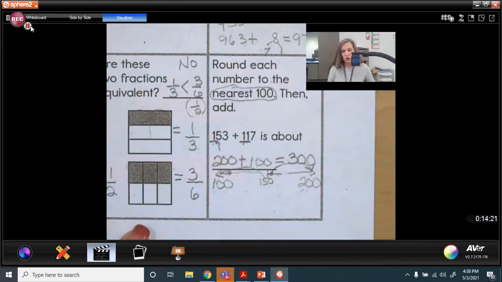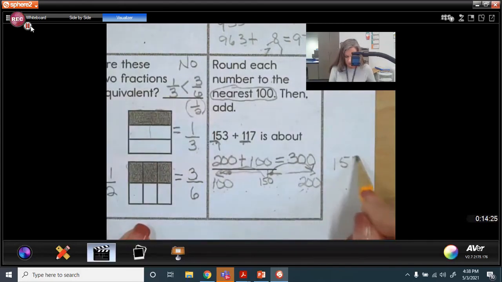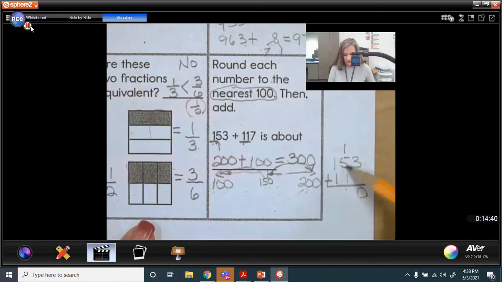Now let's make sure and look for the exact sum. So I'm going to use my algorithm and line up my place values, and I'm going to add. So 7 plus 3 more makes a 10. So that means I have a 10 to regroup here. 50 plus 10 is 60, and another 10 would be 70.